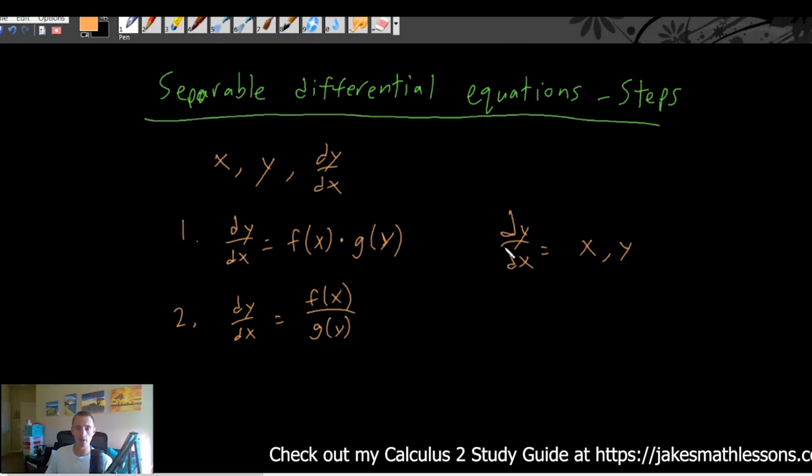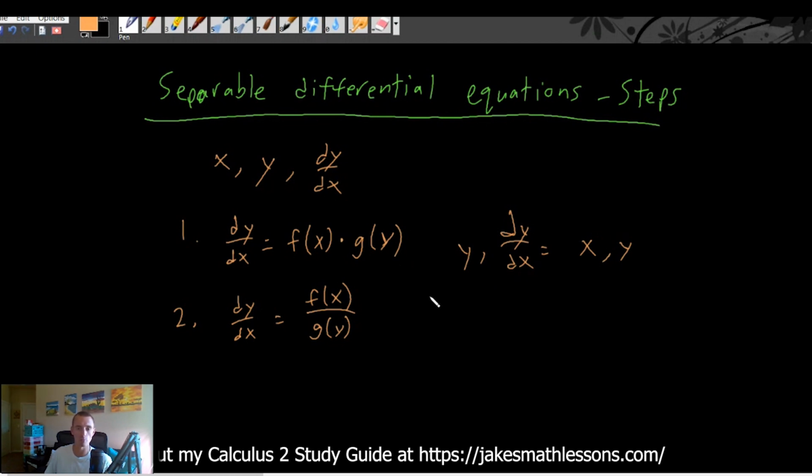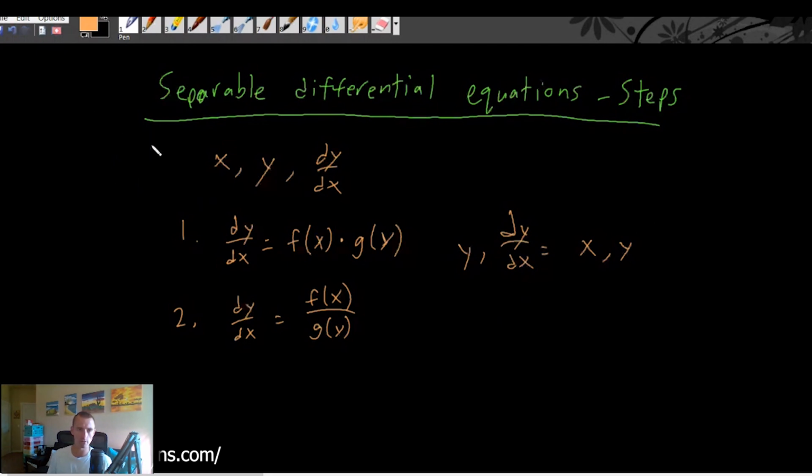Or maybe we have some y's over here and some dy/dx's, and we can move things back and forth between the left and the right of the equation to get it into one of these forms. So the point is we need to be able to manipulate whatever equation we're given to get it into one of these two forms. Once we know that we can do that, or if the equation is given already in one of these two forms, then we know that we have a separable differential equation.